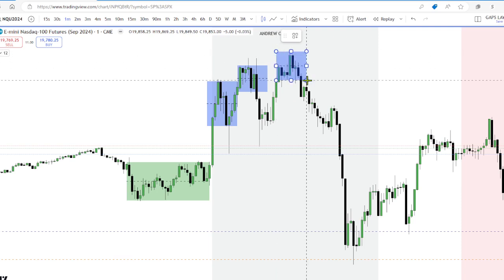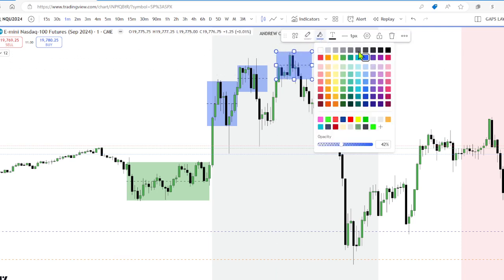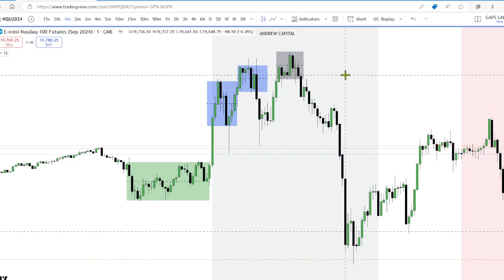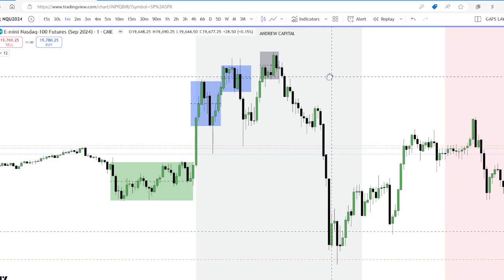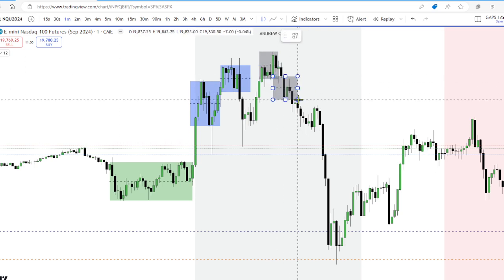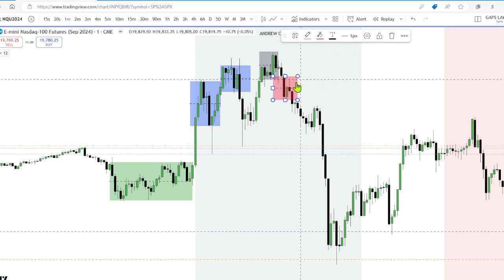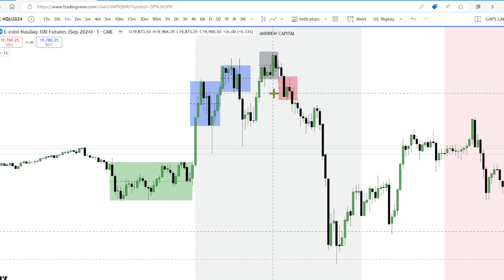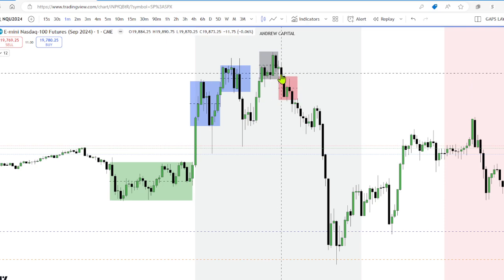We then get our smart money reversal here. We then get our first stage of distribution with this gap here. Right in there. Return back up towards the smart money reversal.